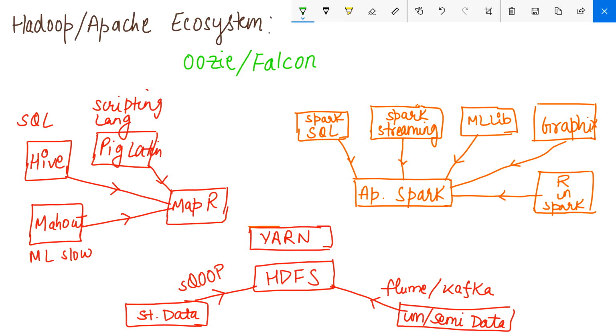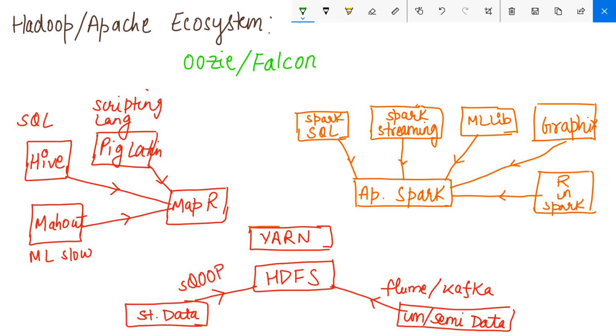These are schedulers, in which you don't have to sit and wait for your queries to execute. With the help of Oozie or Falcon, you just assign the timings and the tools you are using. I'll give you an example. If you want to transfer structured data to HDFS, just assign in Oozie that using the Sqoop command you want to transfer this data to HDFS, give all the paths, and after the data is transferred you want to run, let's say, Hive queries on that.